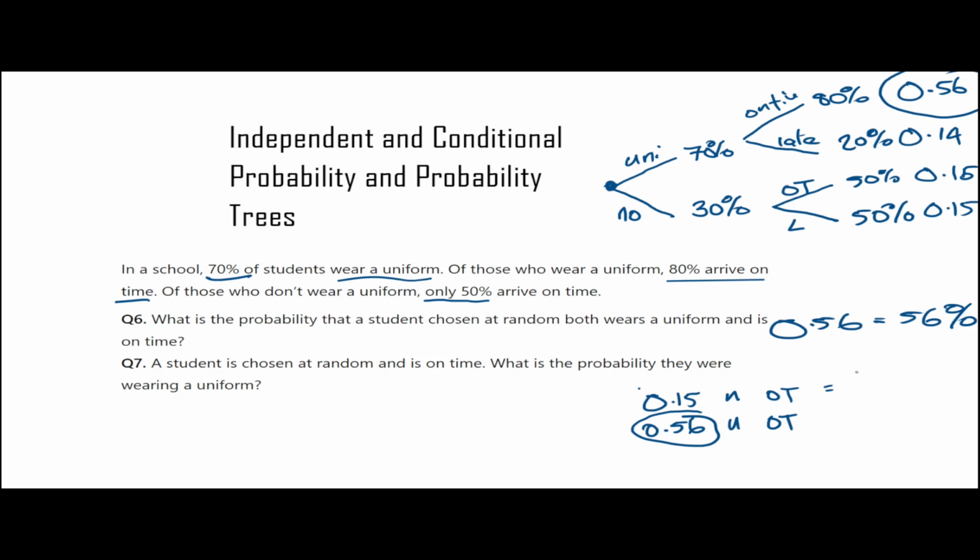this divided by all of the students that were on time. So it's going to be 0.56 divided by 0.15 plus 0.56, because this is the proportion of all the school there, so we can get away with doing that.